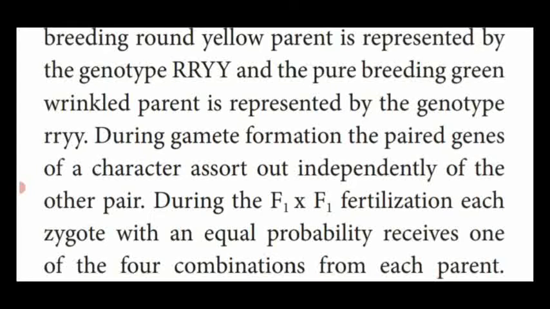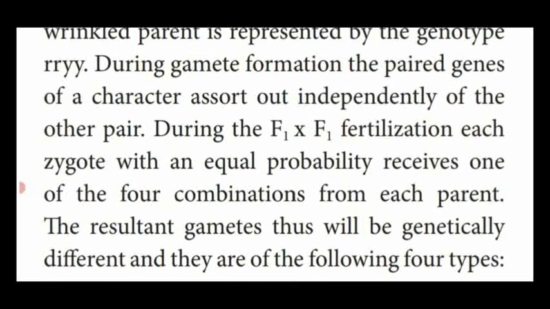When the F1 generation is selfed, that is F1 into F1, they form the zygote with equal probability, receiving one of the 4 combinations from each parent. That's why, as I told you in the checkerboard, capital R capital Y, small r small y. That is said to be the equal probability, receiving 4 combinations from each parent. So what are the 4 combinations?